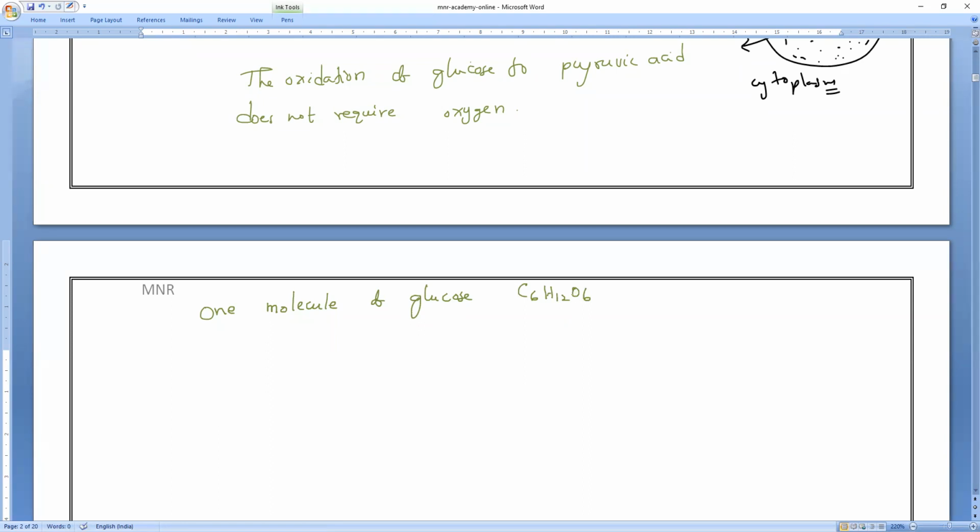So this one molecule of glucose will split into two substances, that is, two molecules of pyruvic acid. Here one molecule of pyruvate will come, and here also one molecule of pyruvate will come. So glycolysis means splitting glucose into two molecules of pyruvic acid, or we can say pyruvate. That's all.